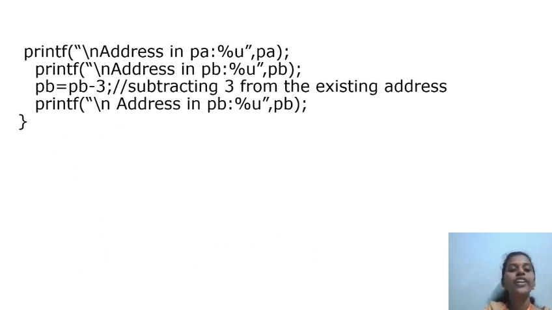Then printf backslash n, address in pa, percent u, pa, to display the pa value. Next printf backslash n, address in pb, percent u, pb, where pb equals pb minus 3. Now we are subtracting 3 from the existing address. Printf backslash n, address in pb, percent u, pb.